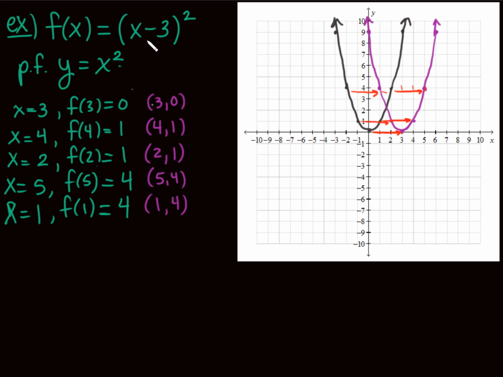While this minus sign is going to want to make you think that it's shifted to the left, it's actually not, because where did this 0 occur in my original function? It occurred at 0. But now it's occurring at 3. That's why that guy is moving over. So my translation is to shift right 3. I hope that makes sense.